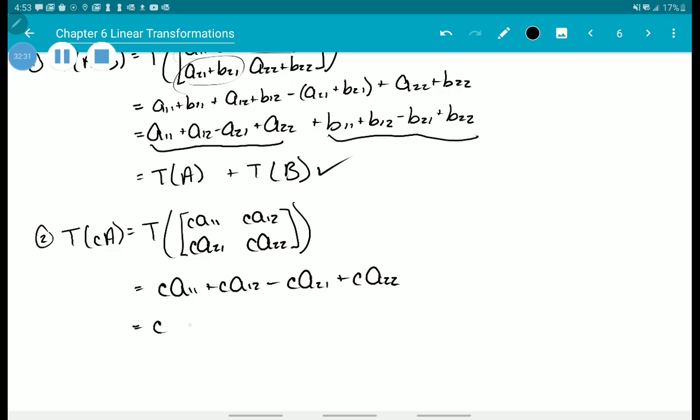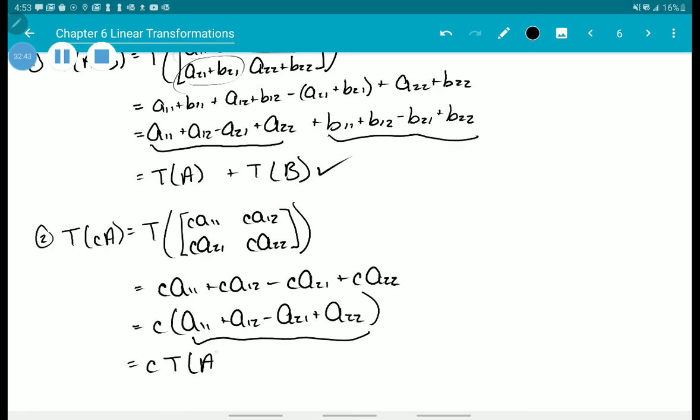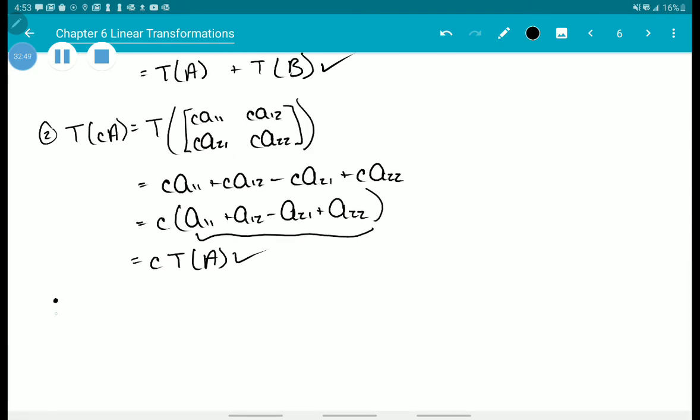And we could pull a C out. The question is, is this the transformation of A? And it is. So it does pass both axioms, therefore this is a linear transformation.